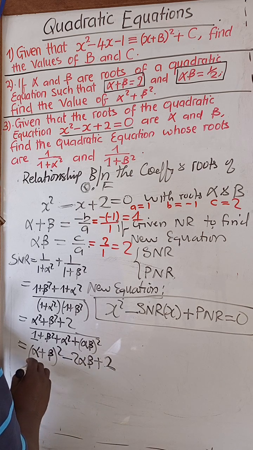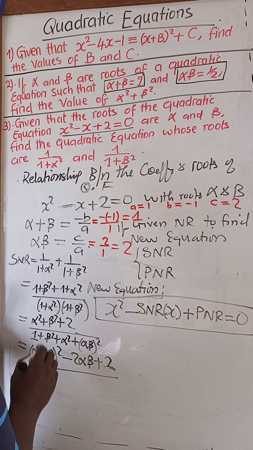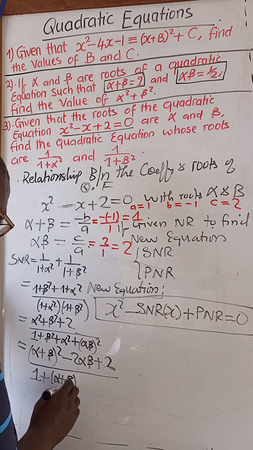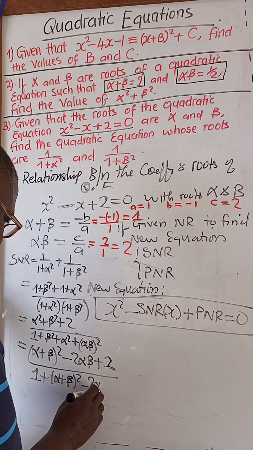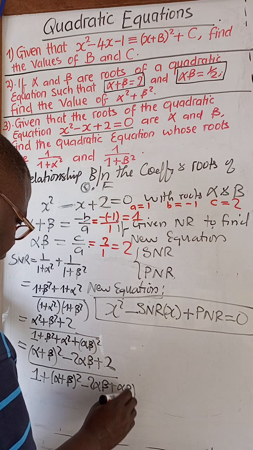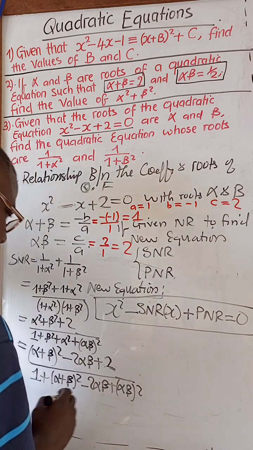Okay, all of that divided by 1. Here again we have alpha squared plus beta squared, so we have alpha plus beta all squared minus 2 alpha beta plus alpha beta all squared.